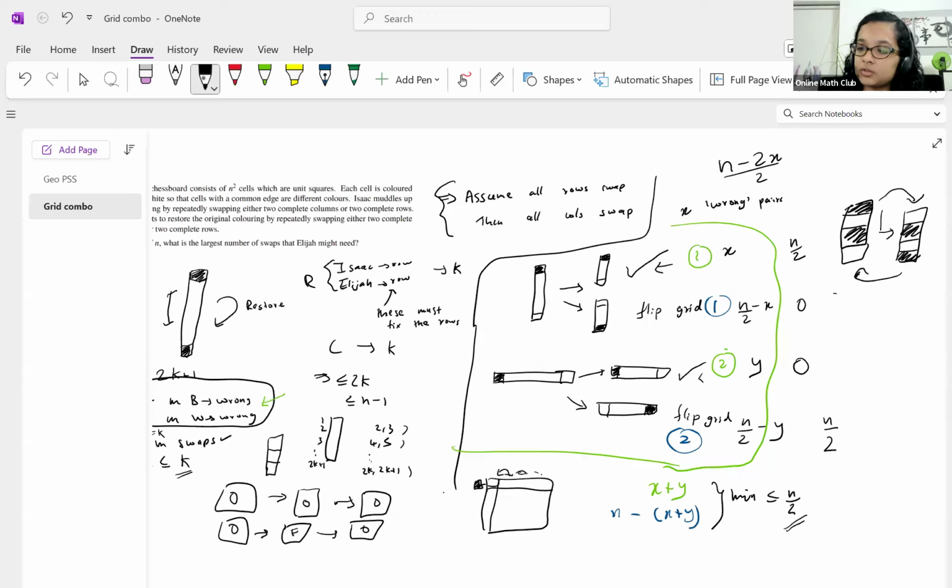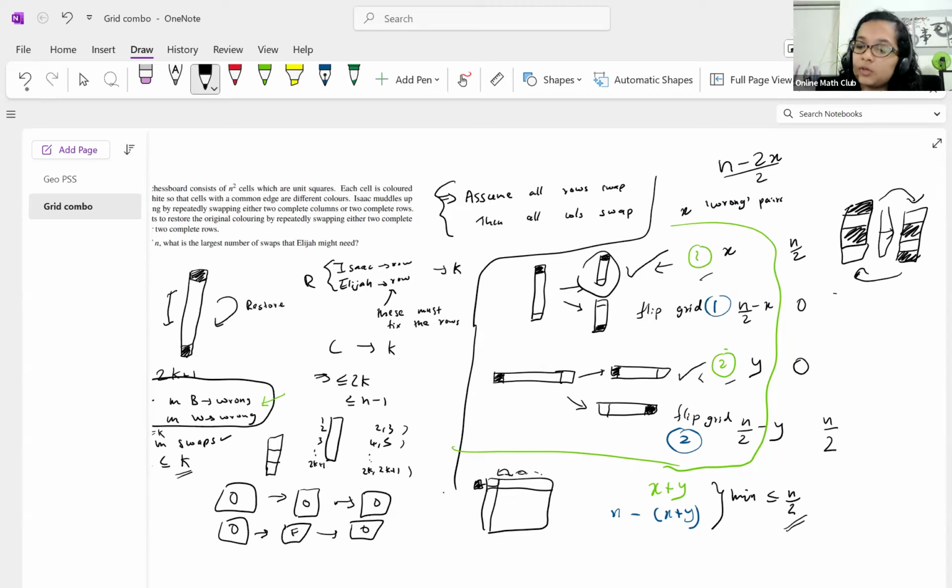And if Elijah fixes it by sending it back to the original column, that's okay. Then for the rows, when the columns get swapped, only the individual rows get affected, so he's going to have to send each row back to its original case. So that's the green one, like this one and this one.